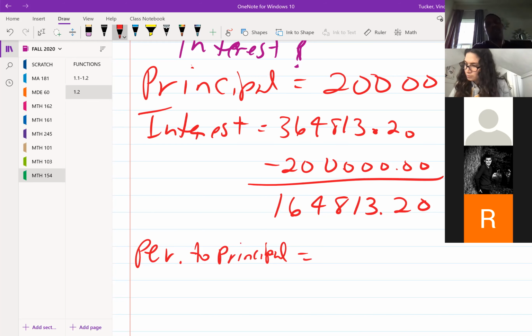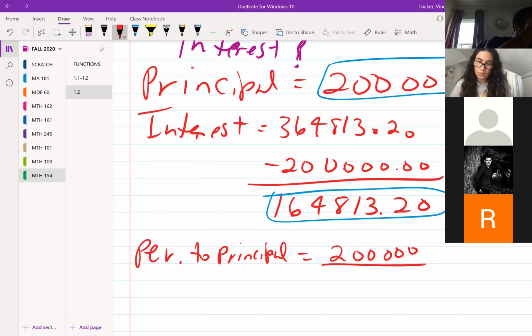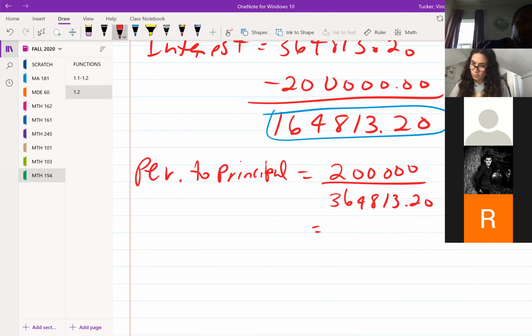And then we would take each one of those values, talking about for the principal, we use this one. For the interest, we'll use this one, and place it over the total amount. So the percent of the total amount paid that went to the principal would be 200,000 over that 364,813.2, and then percent.